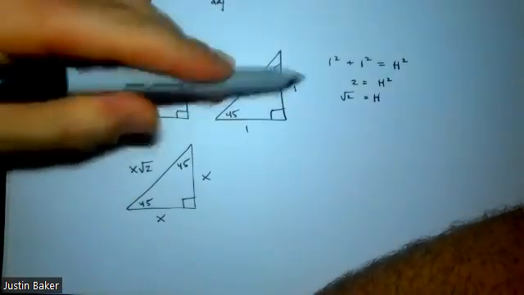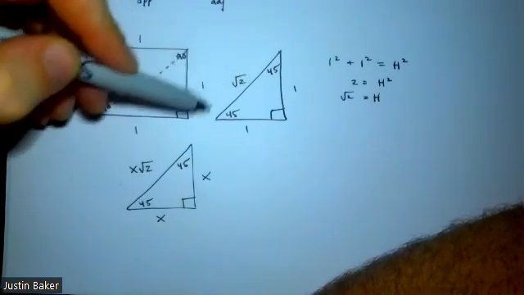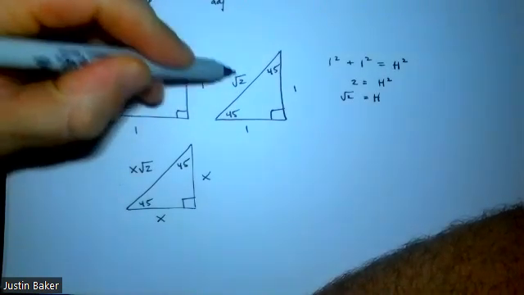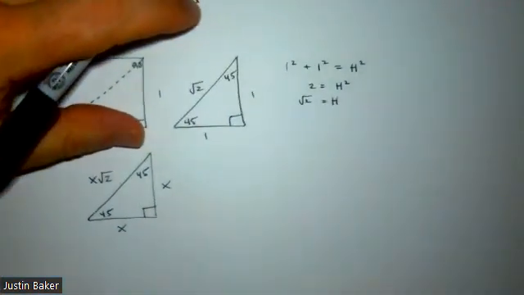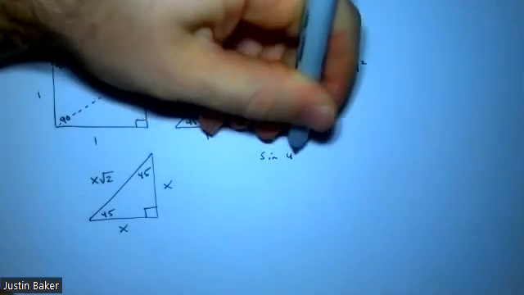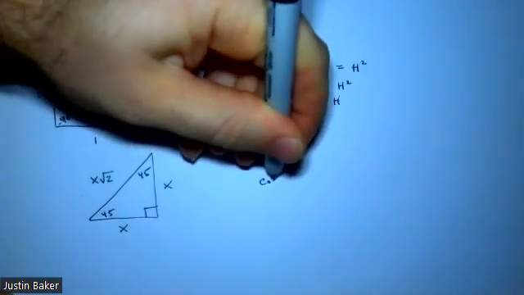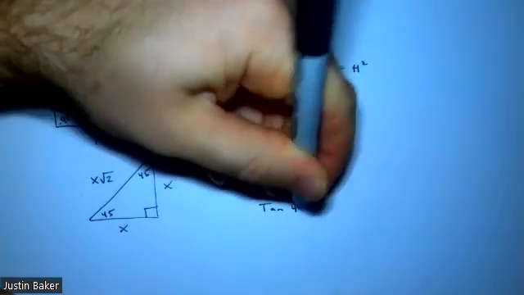So these two are the same, and then whatever they are times root 2. So in other words, 1 root 2 is going to be the length of the hypotenuse.